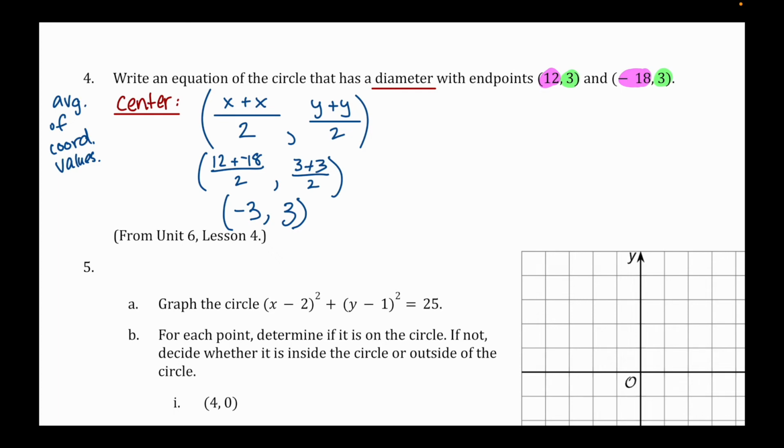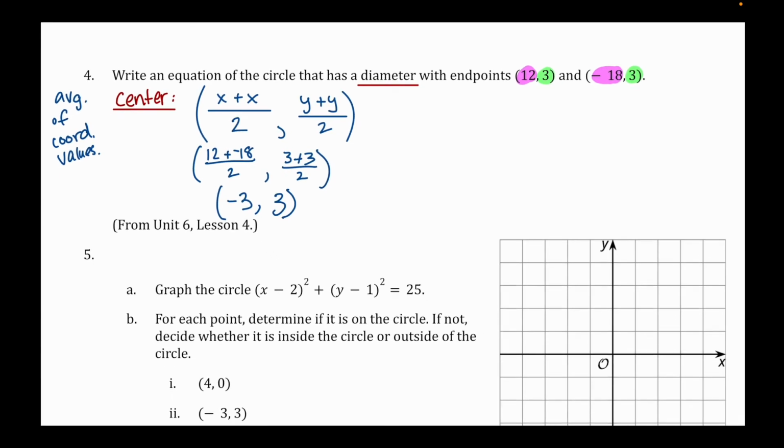We can actually do this by plugging in some numbers. So remember, we have (x − h)² + (y − k)² = r². As long as I have enough numbers to plug in here, I can solve for the radius.